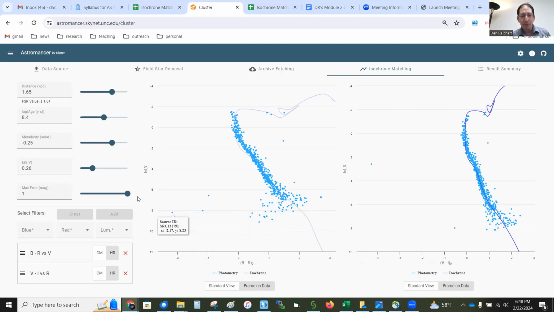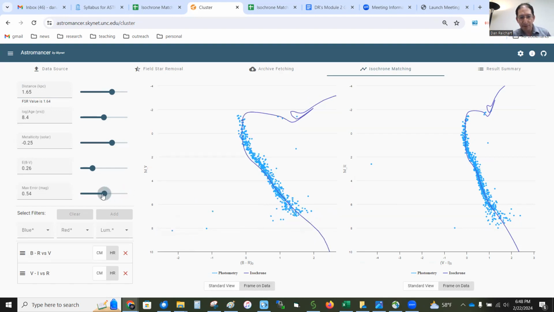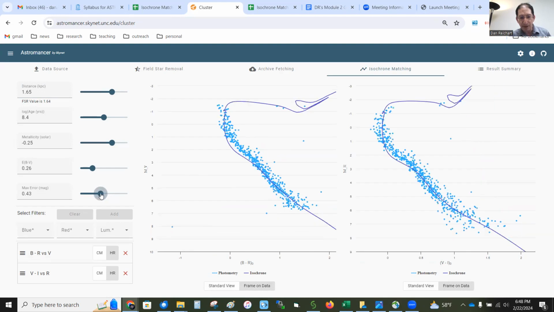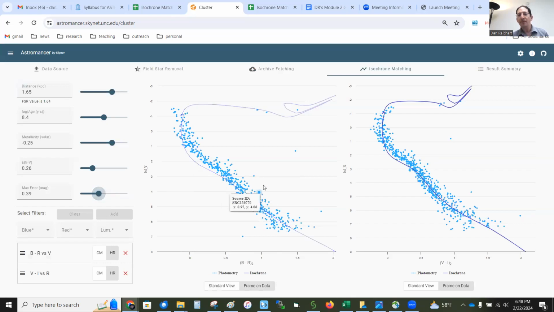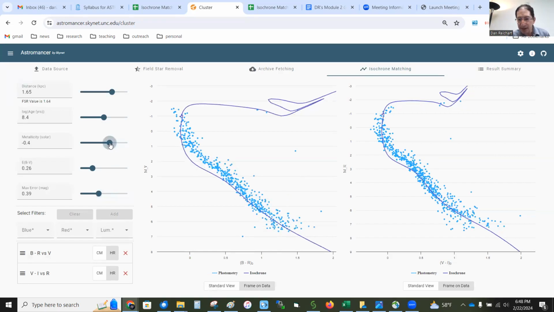And so we want to decrease the maximum error bar to get rid of these, so you can frame it up a little bit better. You'll see what I mean. I'm getting rid of them. One more I want to get rid of. There we go. And once I got rid of those stars with a lot of scatter, it framed up nicely. So now I can really see what I'm doing, and I can try to do it even better. So I'm going to just play for a second here.